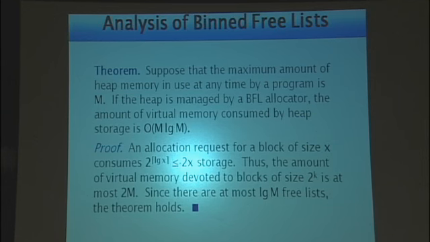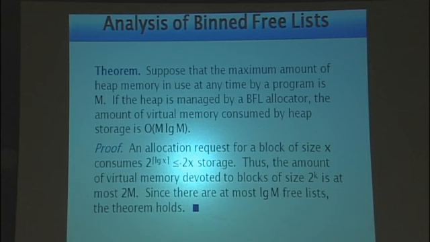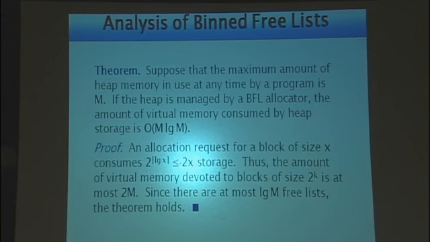For any given size, I might at any given point in time have the program using all blocks of that given size, let's say size 2^k. And since there are a logarithmic number of those bins, each of which could have size at most M, the total is order M log M.